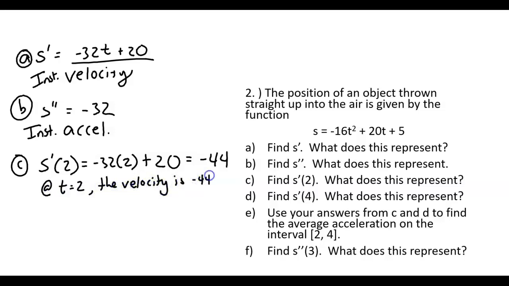Now we can actually give it some units, I think. Did I give any units? Oh, I didn't. You will have some problems sometimes where they don't give units, so you don't need to say feet per second or anything like that. You can just leave it because they didn't give you units. I don't see any on this problem.